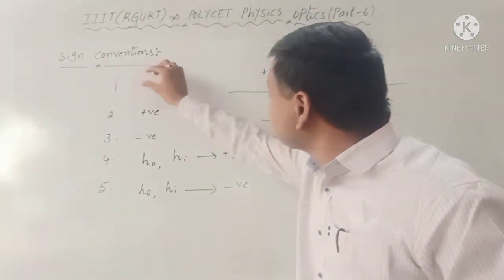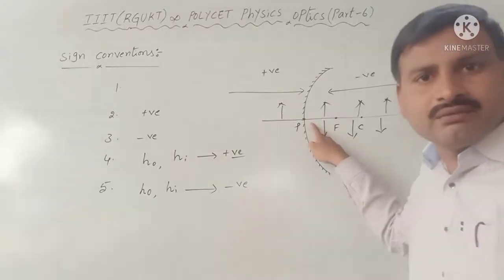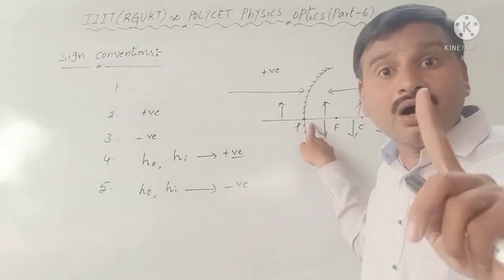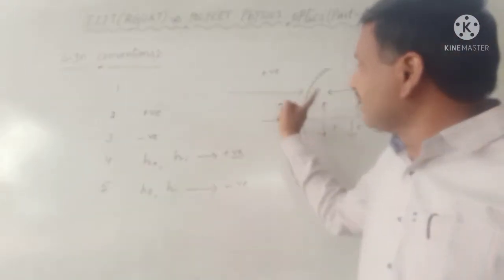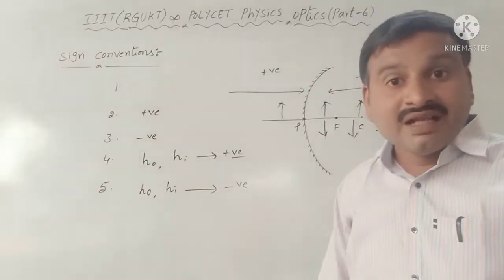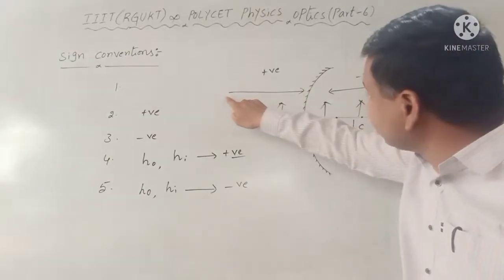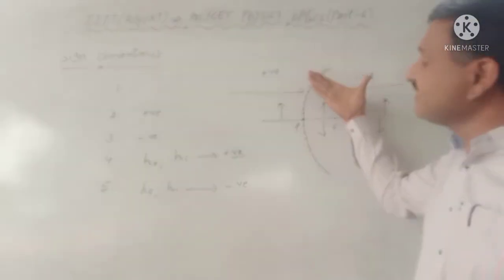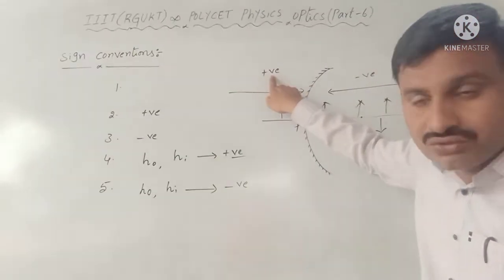The first one is all distances should be measured from the pole. Second, the distance measured in the direction of the incident light ray is taken positive.